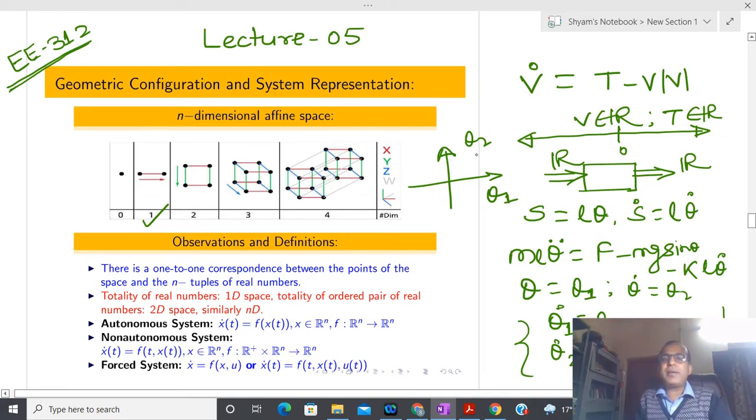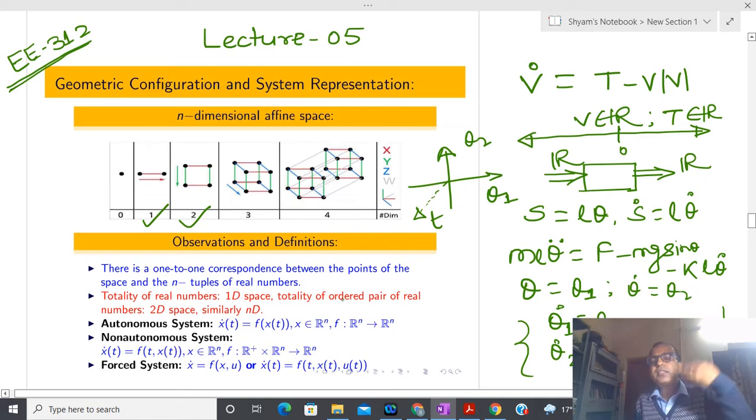If you consider the time axis also, then it is going to evolve in theta 1, theta 2, and time, so I have to draw another axis for time. Here time is not explicitly present, it is just implicit. Due to that reason, people say that this whole system is evolving in this two-dimensional plane, theta 1 and theta 2. Okay, so that is represented by this.